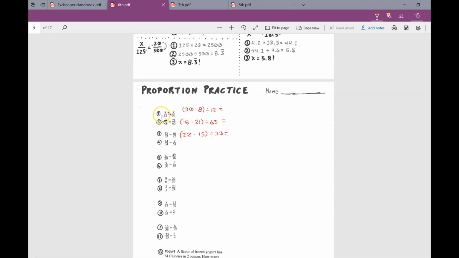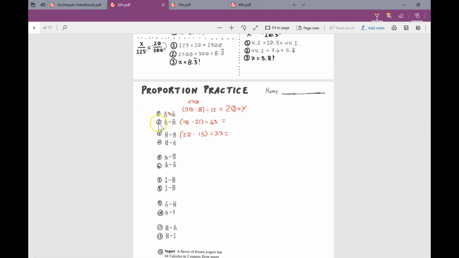In number 1, 8 and 30, multiply them together. 30 times 8 is 240. Then we take that multiplication result and divide by the number we haven't used yet, which in this case is 12. 240 divided by 12 gives us 20. So our answer to number 1 is that y is equal to 20.